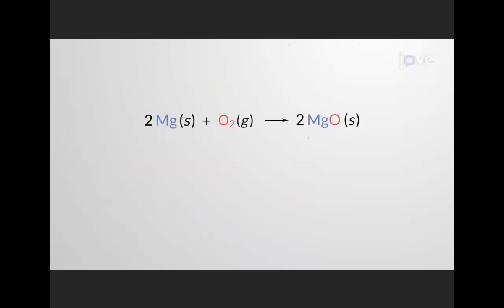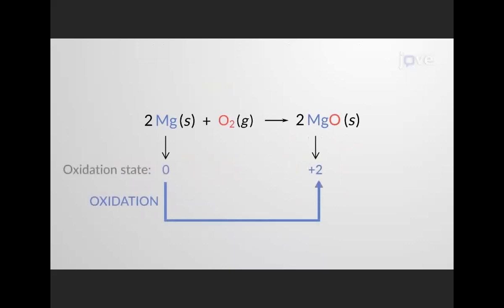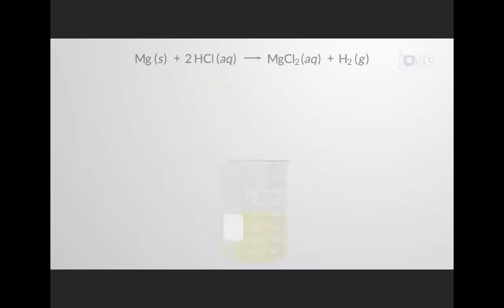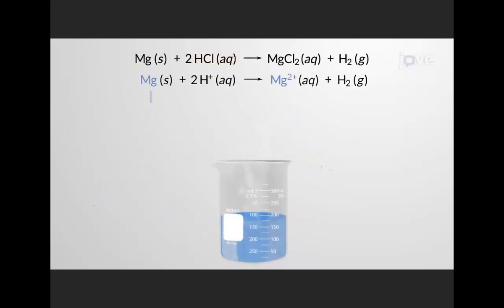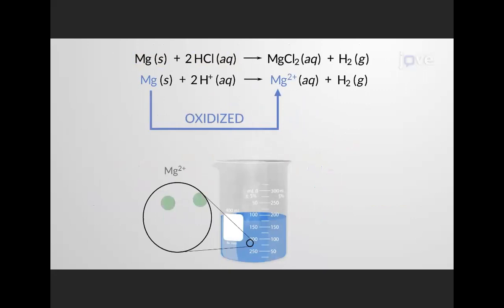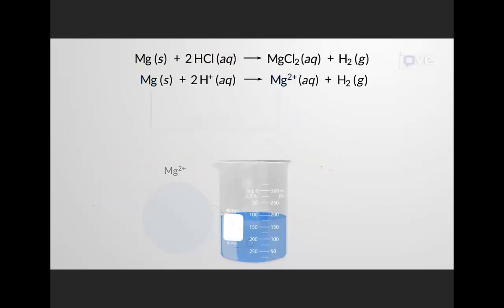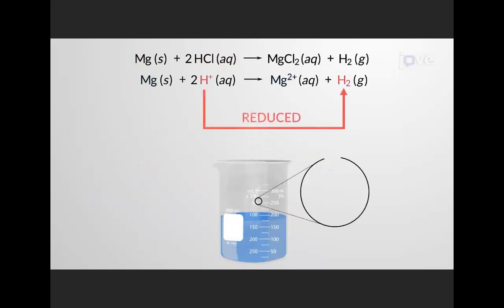These reactions are called oxidation reduction or redox reactions, and are characterized by changes in the oxidation state for one or more reactants. The interaction between magnesium and concentrated hydrochloric acid is an example of a redox reaction. Here, magnesium is oxidized to magnesium 2+ ions, and the protons are reduced to hydrogen gas.